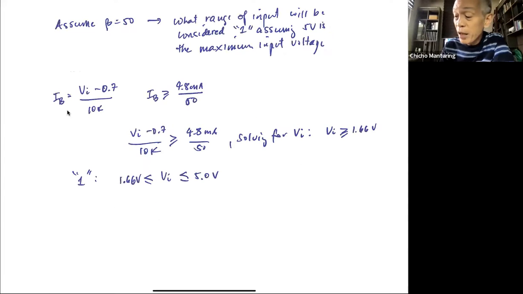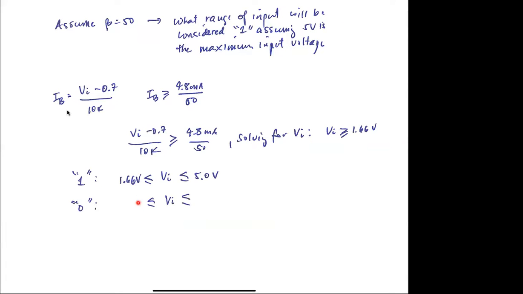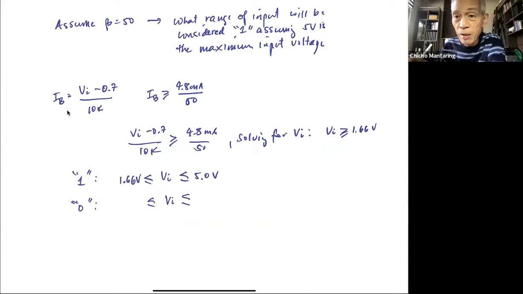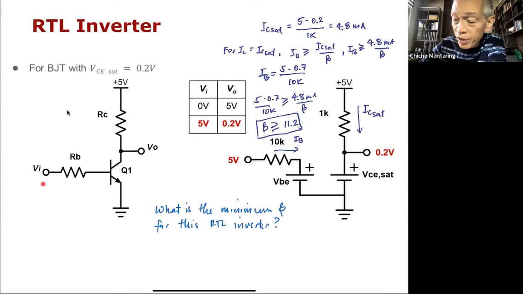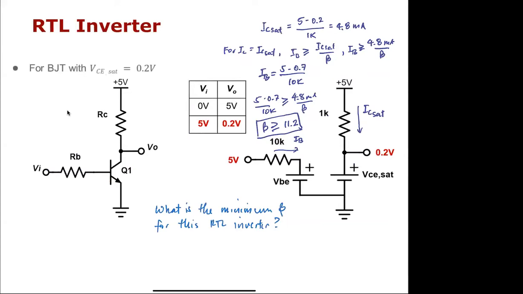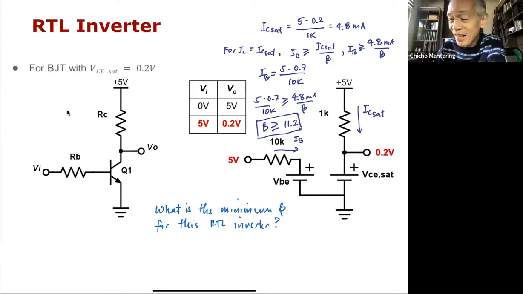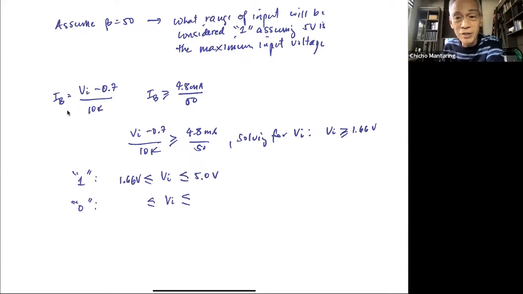Okay. So what will be my logic level 0? Can you tell me what will be my logic level 0 for VI? Ano ito? Anything below 1.66 volts, sir? No. From zero, your input 0 is what is needed for this transistor to be cut off. So ano dapat ang logic level 0 ko?